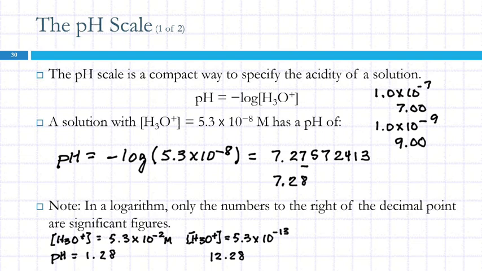I'm not going to try to trick you with this on an exam or at any time, but it's important because if you don't recognize that and you were getting 12.28, you might just write 12 because, well, that's 2 digits, that's 2 sig figs, right? But those are not significant. So with pHs, always write one more than you think and you'll be okay. One more decimal place. Any questions?